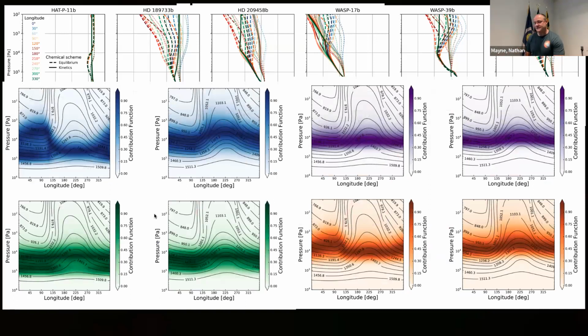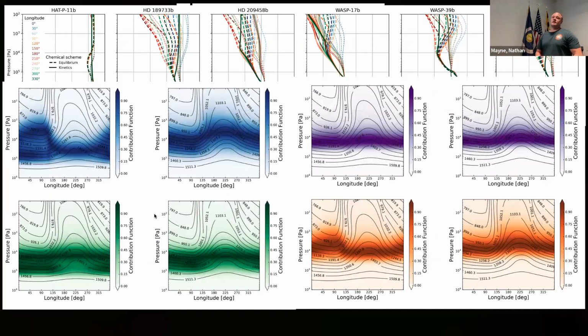Something else that complicates things is that we often make a simplifying assumption that emission at a given wavelength might come from some pressure. And of course, you need a radiative transfer expert like you have here to tell you where those photons are coming from.